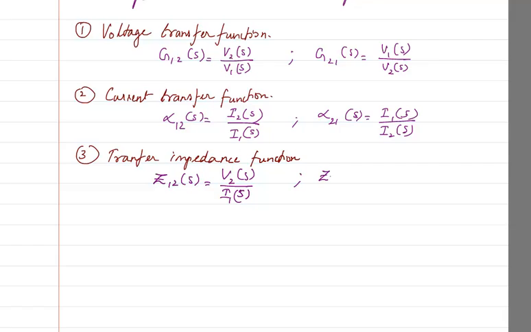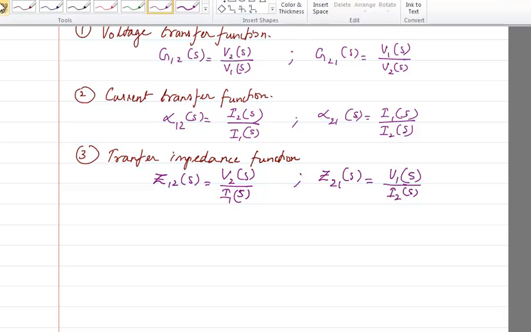So similarly, we can have Z21 of S, which is again impedance, so it is voltage by current, but voltage at 1 when you are having current at 2. So from the other side, what is the transfer impedance function.